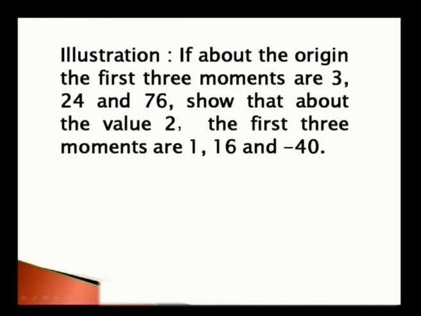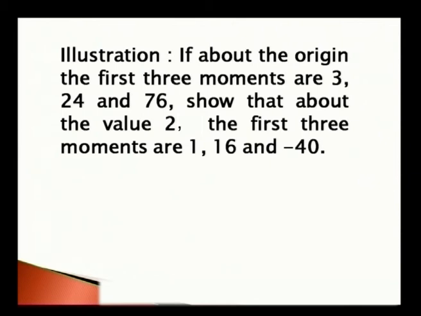So, next is: if about the origin the first 3 moments are 3, 24 and 76, show that about the value 2 the first 3 moments are 1, 16 and minus 40. That is, this problem is about finding the moments about an arbitrary point given the raw moments about origin. Okay.